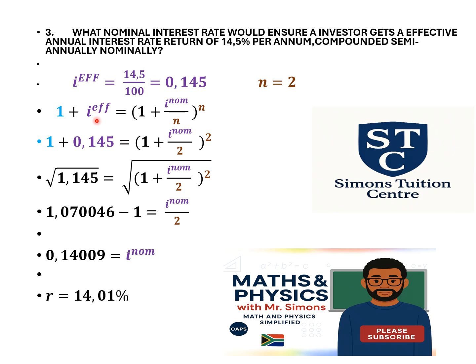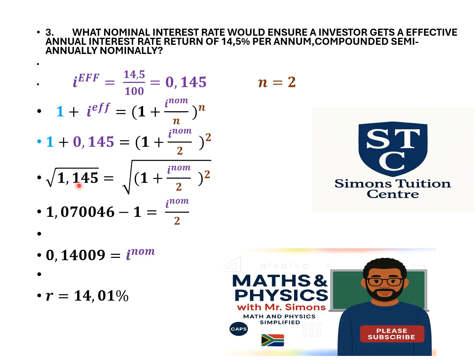So we have 1 plus i effective equals (1 plus i nominal over n) to the power n. 1 plus 0.145 equals (1 plus i nominal over 2) to the power 2. To get rid of the square, I'm going to use square root. I do one side, I have to do the other side. So the square root and the power 2 cancel, and I'll be left with 1 plus i nominal over 2.